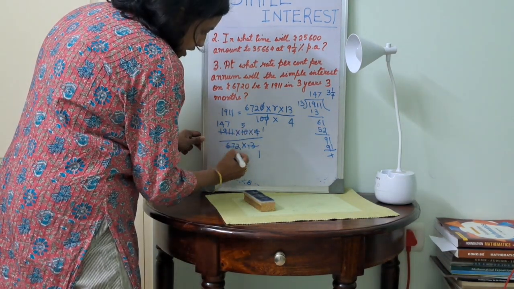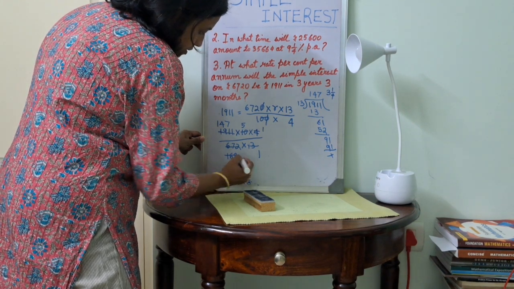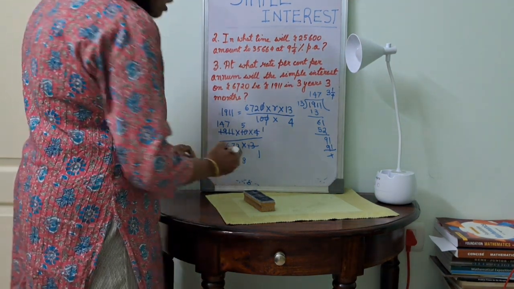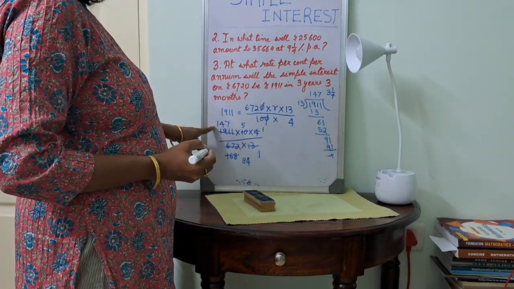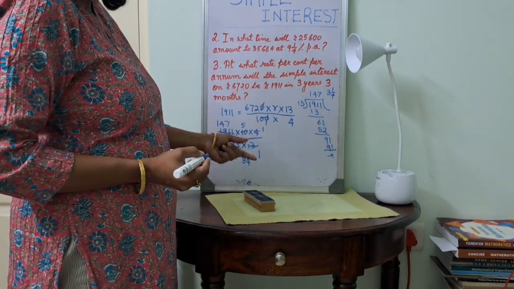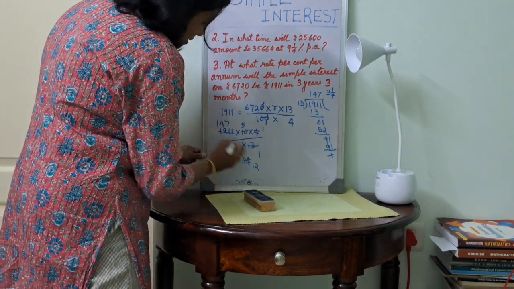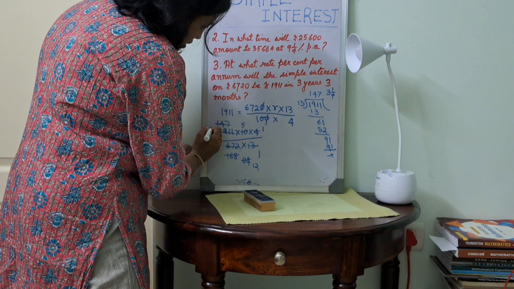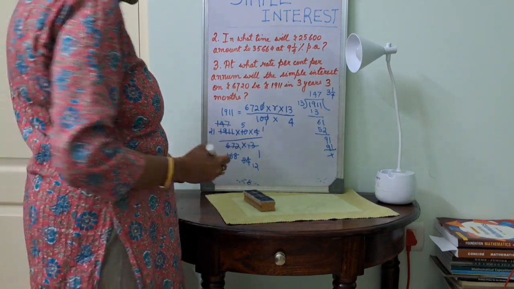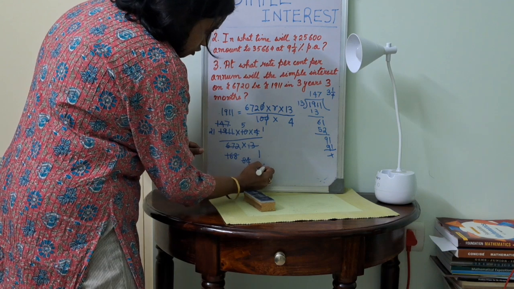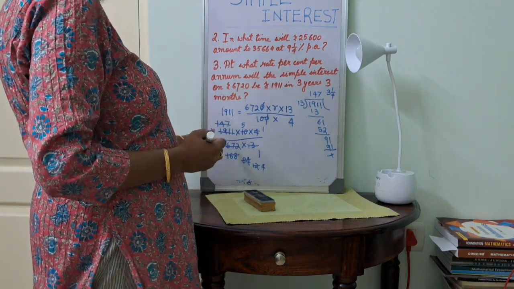It goes 5 times. This is 84. Now see, 147 is divisible by 7. 84 is also divisible by 7. So it goes 12 times. This goes 21 times. Both of them are divisible by 3. So 4 and this is 7.